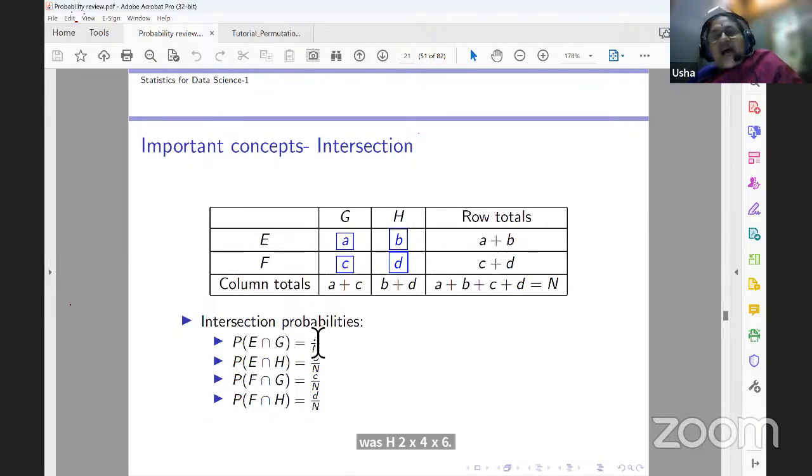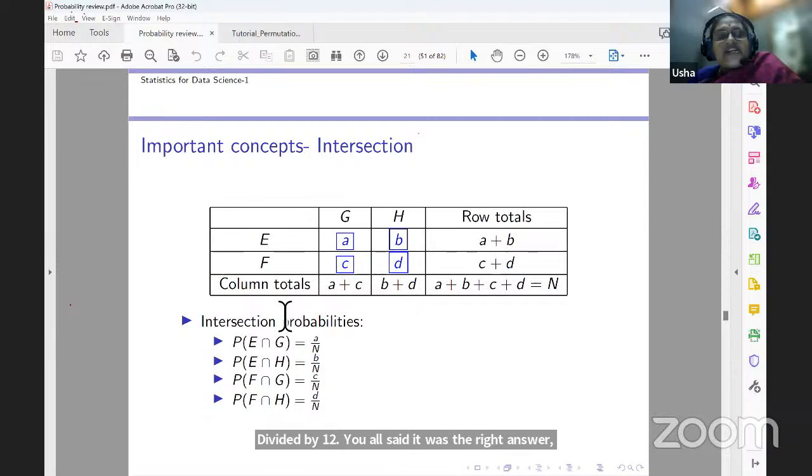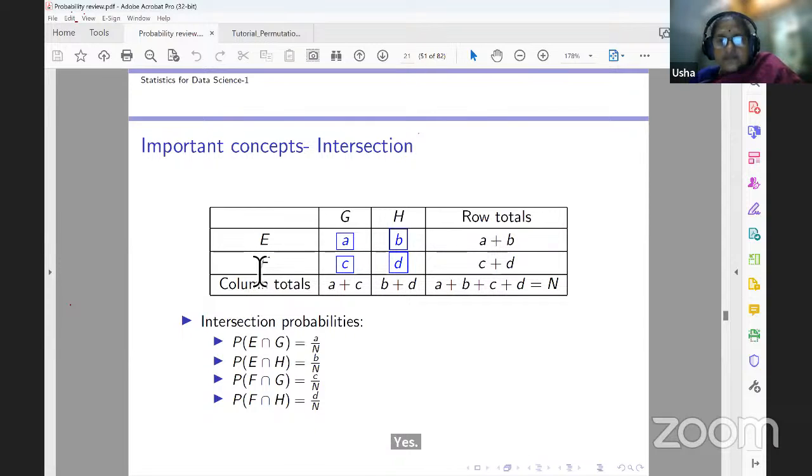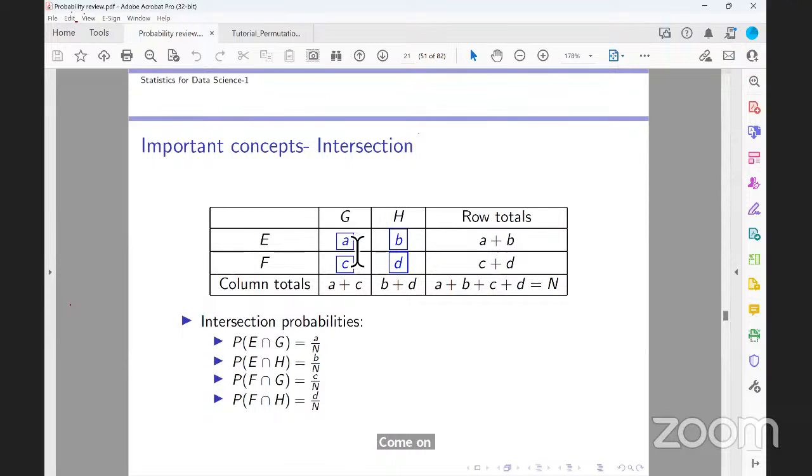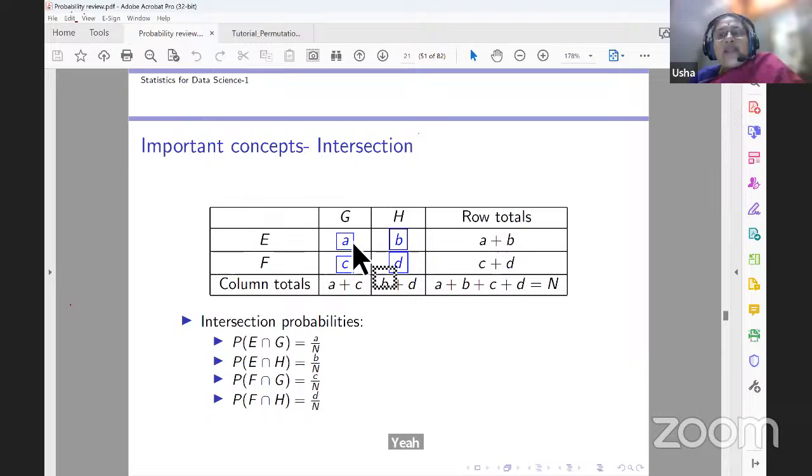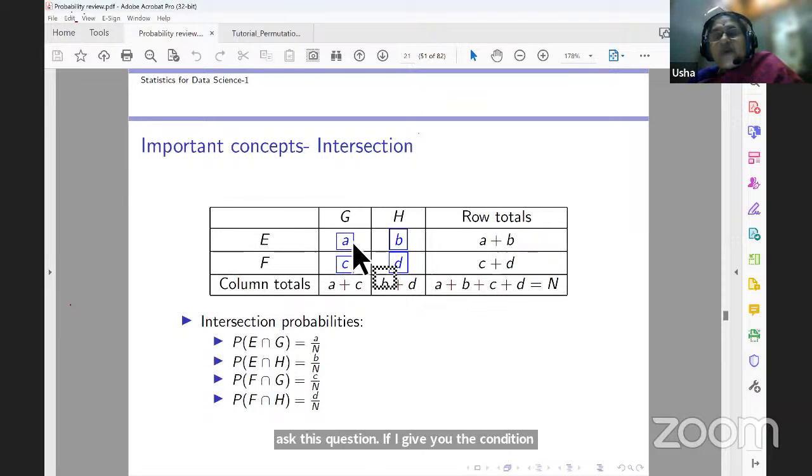Now let's ask this question. If I give you the condition that you have already got a head, what is the chance of you getting an even number? So what is happening to your total sample space? Suppose I already give you the information.